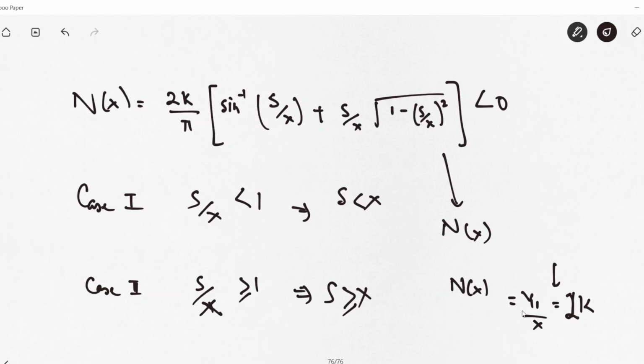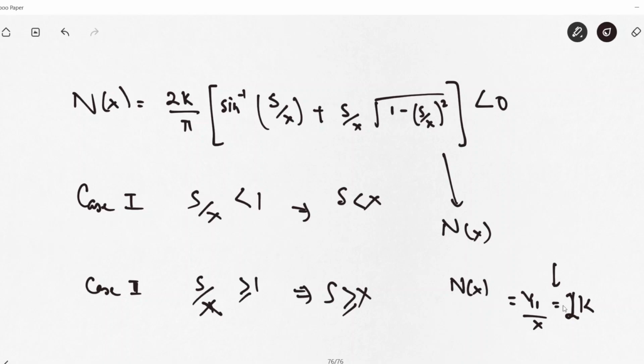That means input and output in this case will be having a linear relationship and not a non-linear relationship that we see in non-linear systems. So actually our input as well as the output in that case will be a sinusoidal function, whether it's 2k, 4k, 6k, anything. Y1 by x is a constant. That means y is equal to some constant times x.